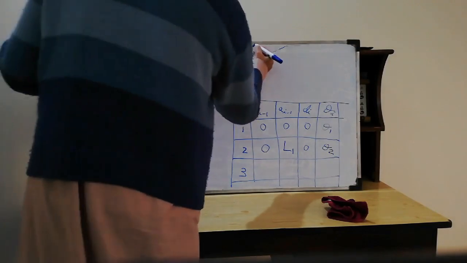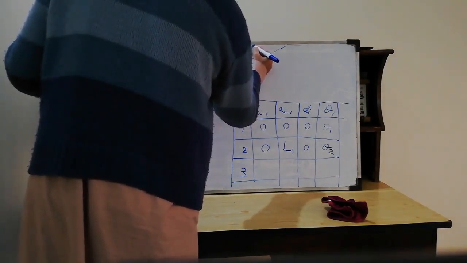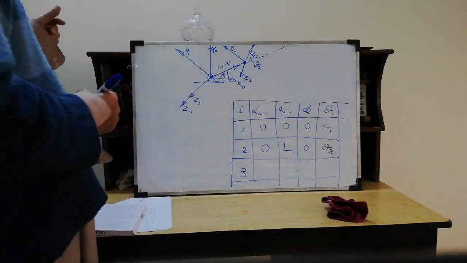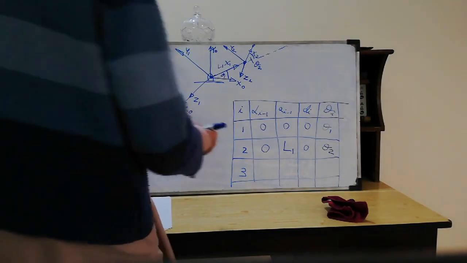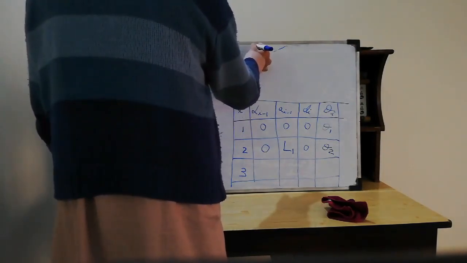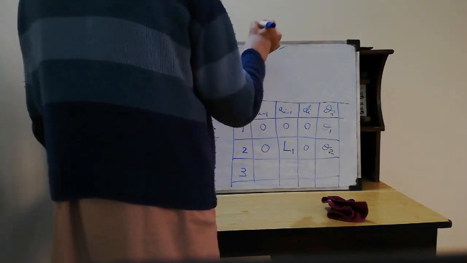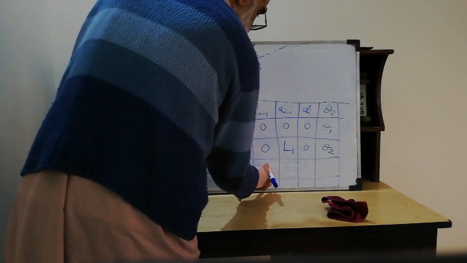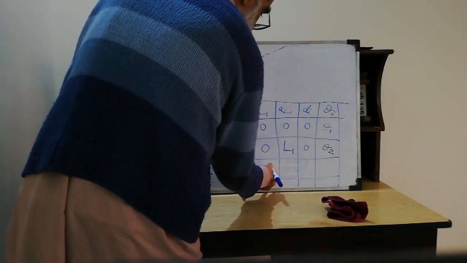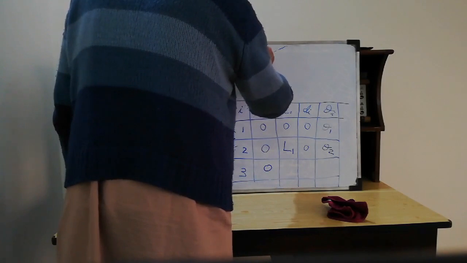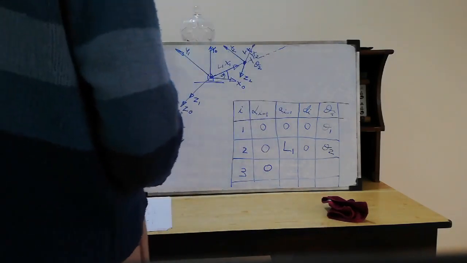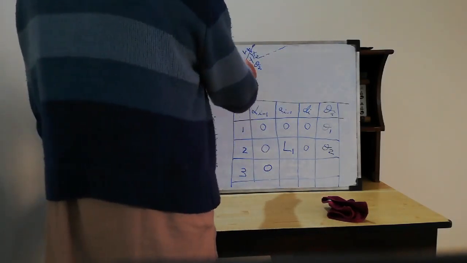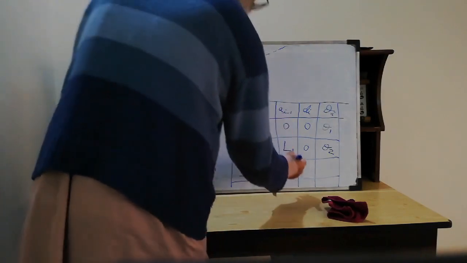This is a passive joint, that is, there is no link attached to this length. So the angle between Z3 and Z2 is 0, and let me call this L2, and the link length between Z2 and Z3 is L2.